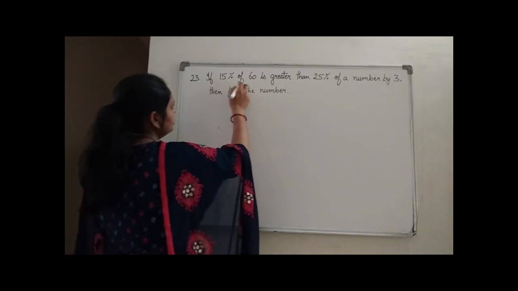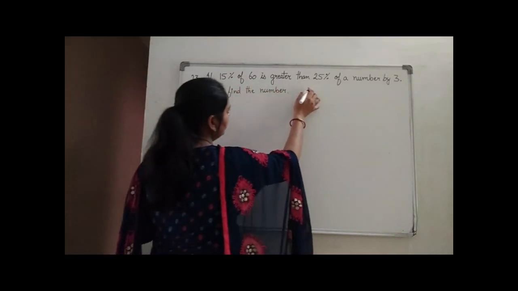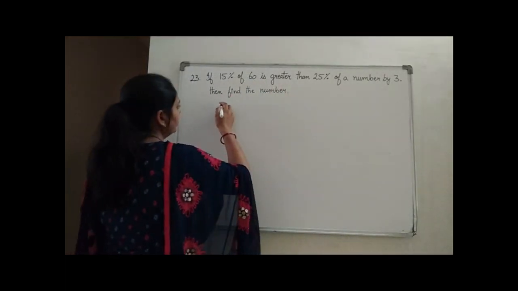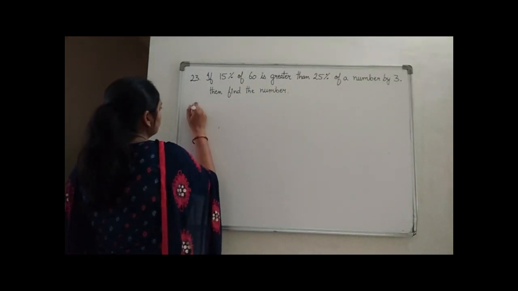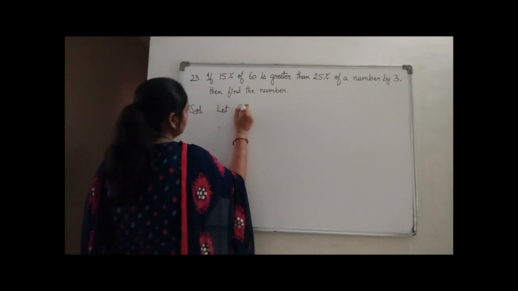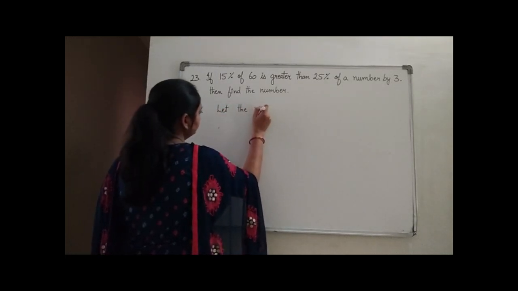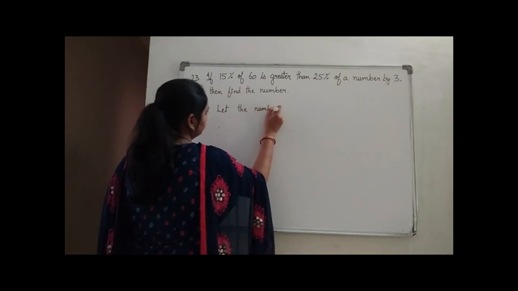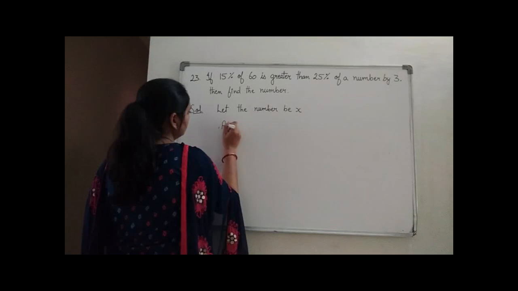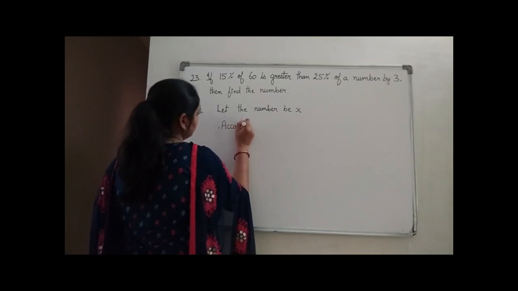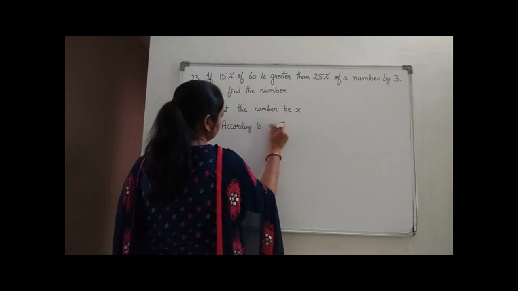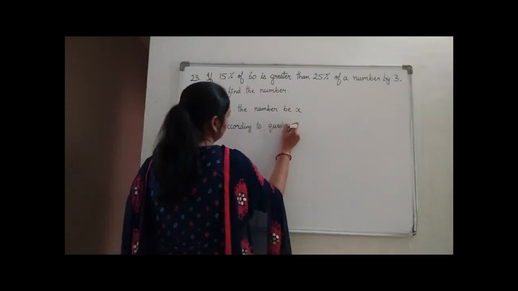Now see the 23rd question. If 15% of 60 is greater than 25% of a number by 3, then find the number. So we can suppose let the number be x. And according to question, what we are having?